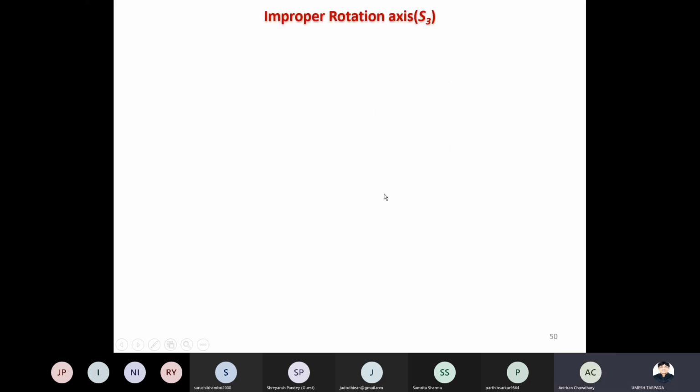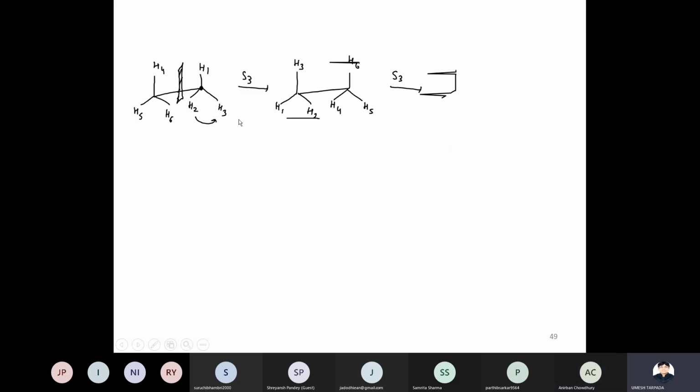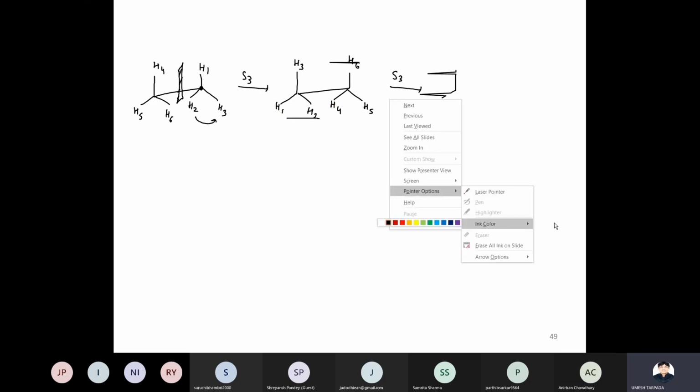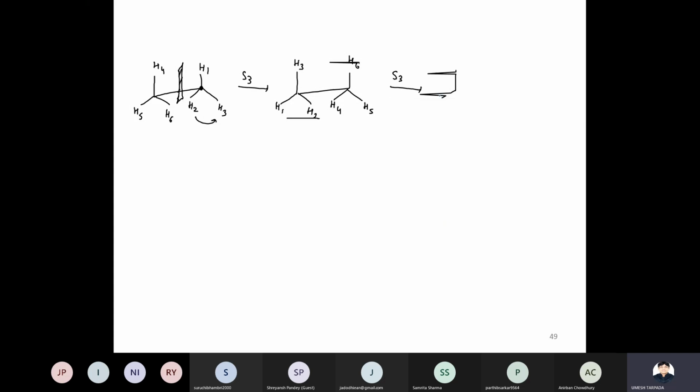H5 to H4. Yes. Now next time you can write down here. See, here it is in the position of H3. There is H5.